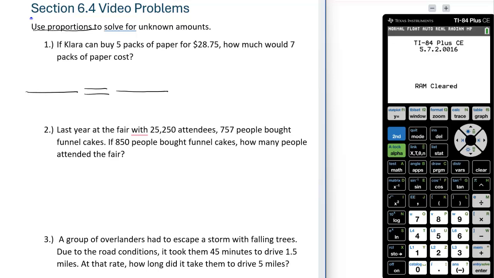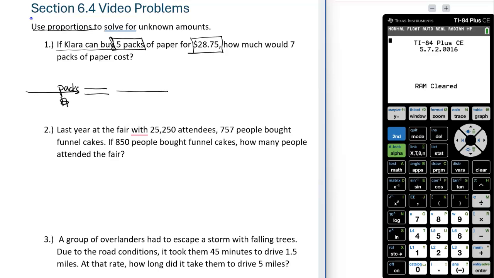So looking at this first sentence, it says that Clara buys 5 packs of paper and it costs $28.75. So there are 2 units in this. There's packs. You could say paper, just as long as you're consistent. And then money.